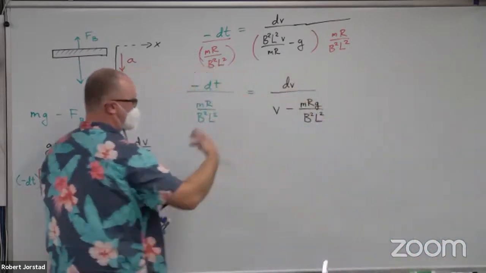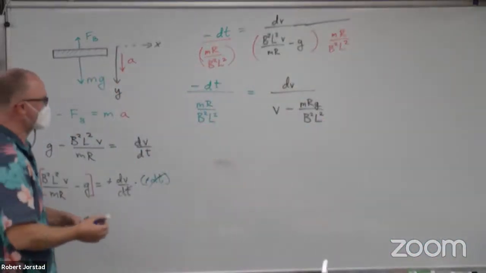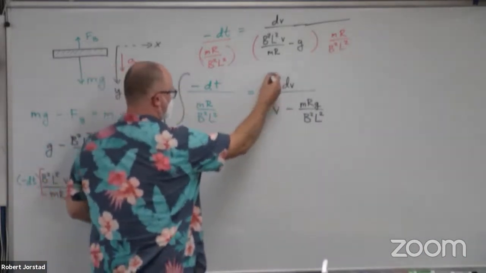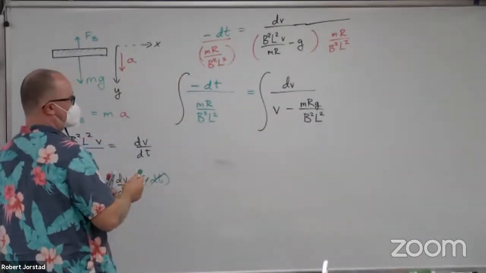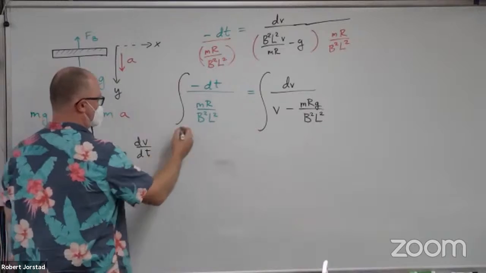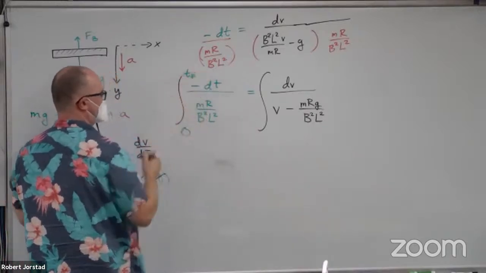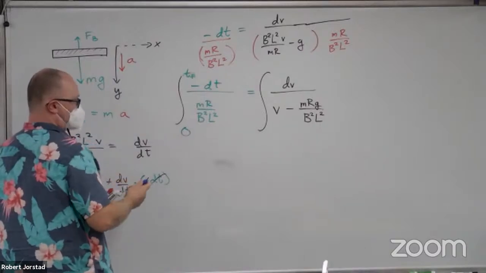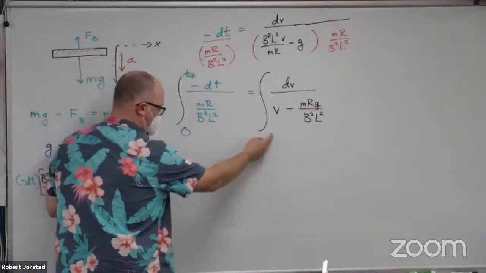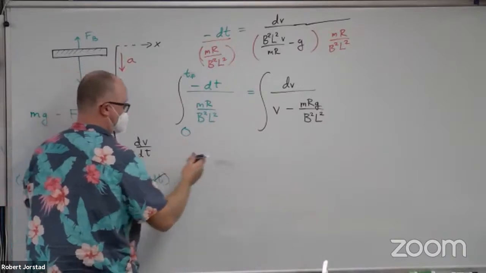At this point, do you agree the equation is separated? Yes. Separate, then integrate. What's a good set of limits for the time integral? 0 to t final? I'm cool with that. Well, what's a good name for the velocity that corresponds to t equals 0?